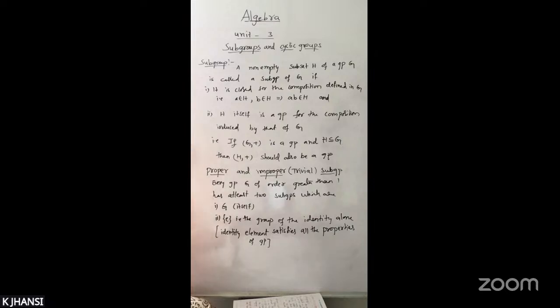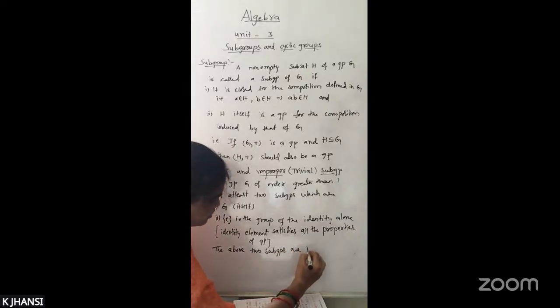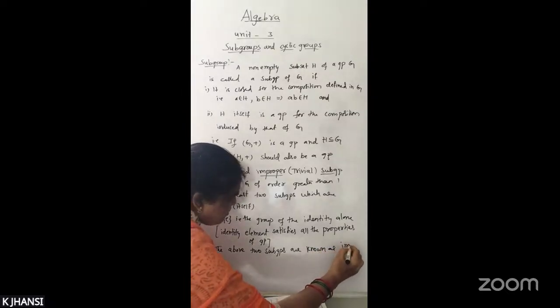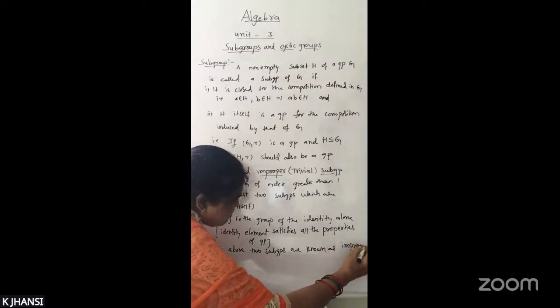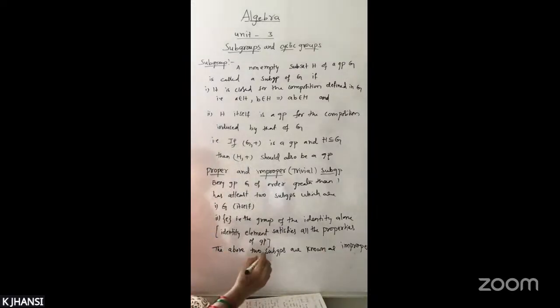Okay. So the above two subgroups are known as improper or trivial subgroups.